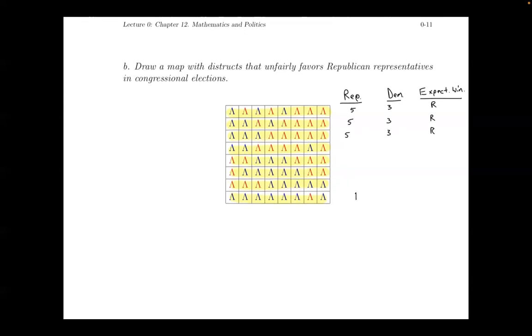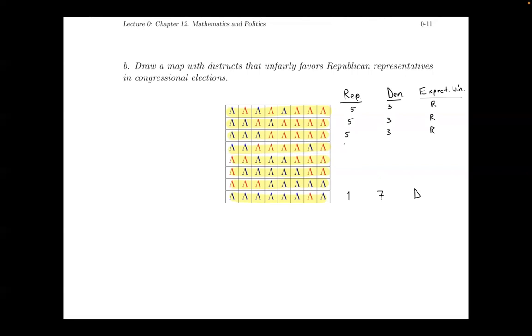However, it's not really to their advantage because they could have used some of their Democratic voters elsewhere in other districts so that they won more seats, right? So if you want to pack the map or rig the map to favor your party, in this case Republicans, that's what the question calls for, then this is the way to do it.